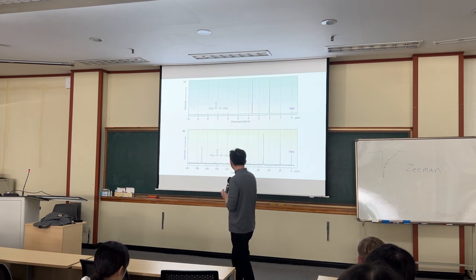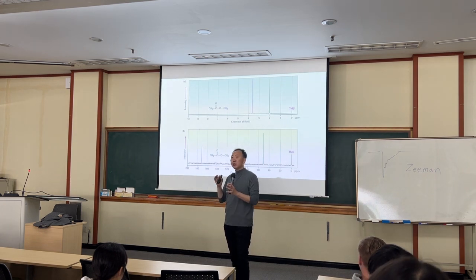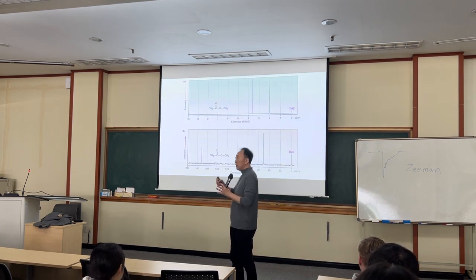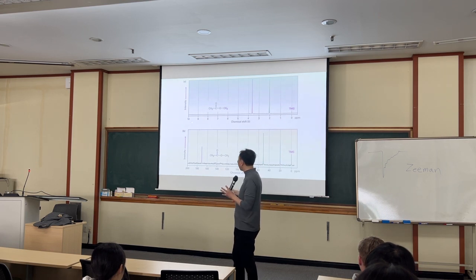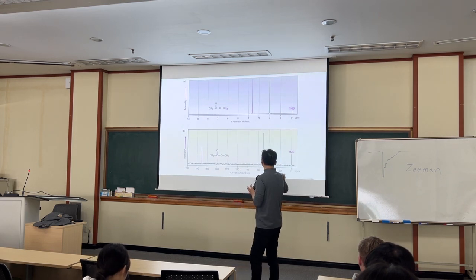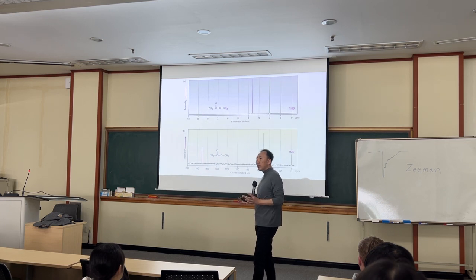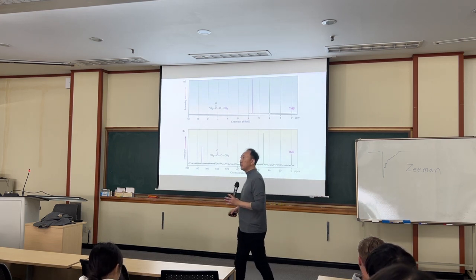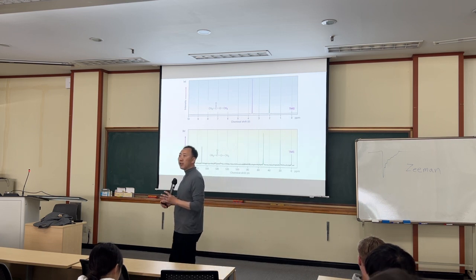If there is any electron withdrawing group, it attracts electrons from carbon, so the carbon has relatively lower electron density. Then the resisting effect is smaller, that's why it moves to this direction. We call this direction shielded, protected by electrons. This is the de-shielded direction. So altogether, electron-rich environment, electron-poor environment. That's what you can see from chemical shift.